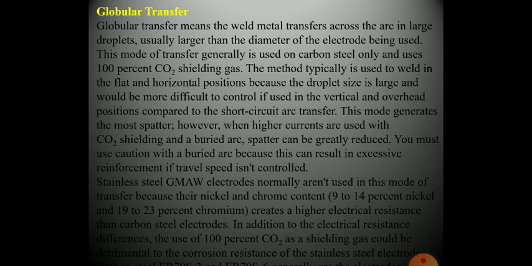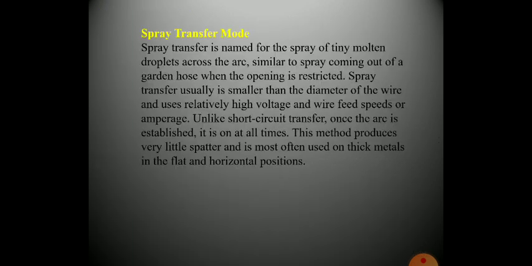In addition to the electrical resistance differences, the use of 100% CO2 as a shielding gas could affect the corrosion resistance of the stainless steel electrode. That's the reason we use electrodes such as ER70S2 and ER70S6 for this particular transfer mode.